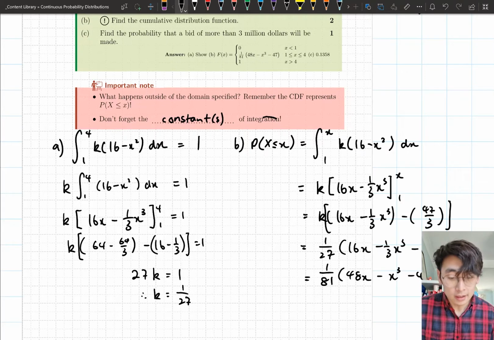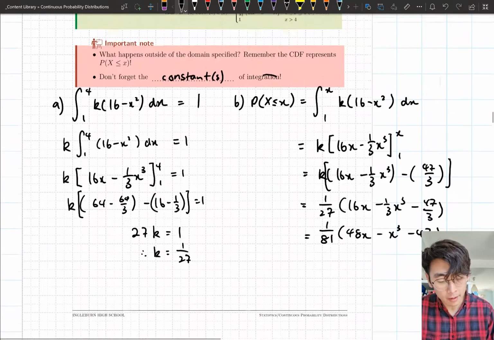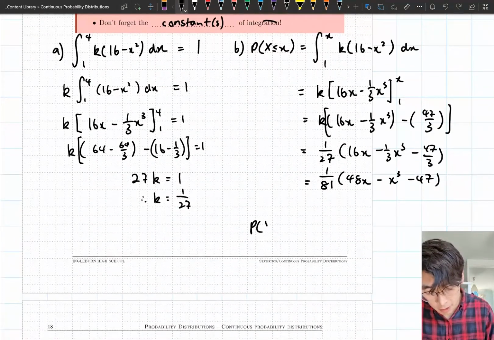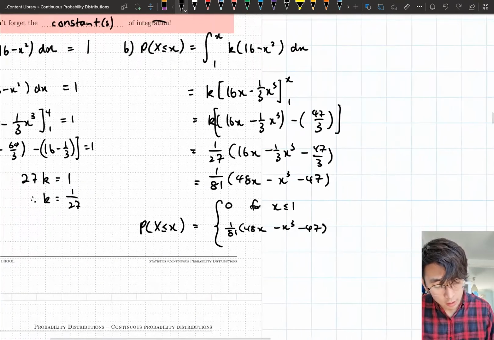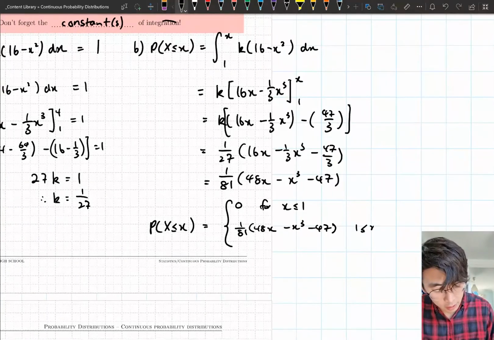So what this means is, for my domain, P of X less than or equal to x is going to be equal to 0 for x less than or equal to 1. And it's going to be equal to this function, 1 over 81 times 48x minus x cubed minus 47, for anything between x is 1 and 4.